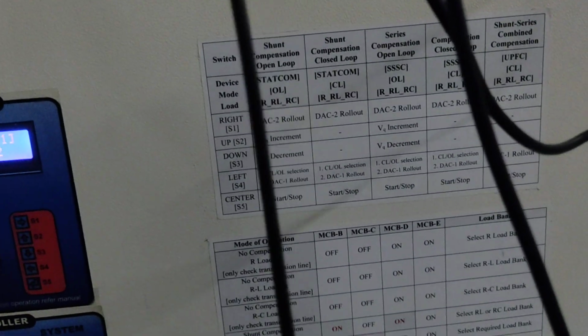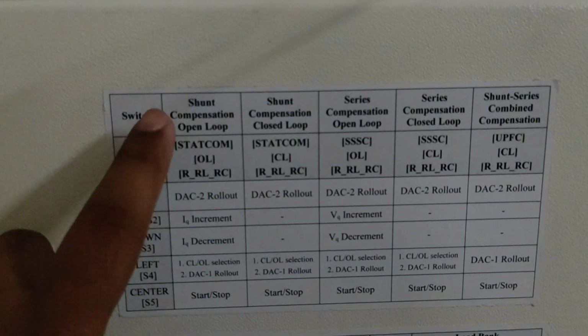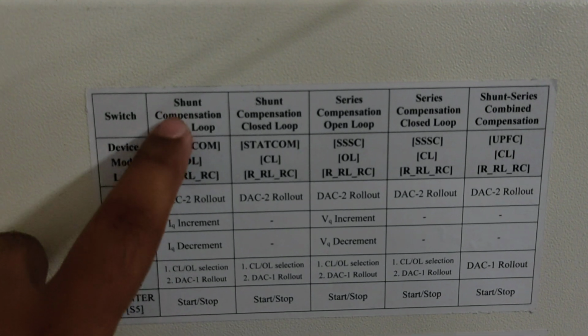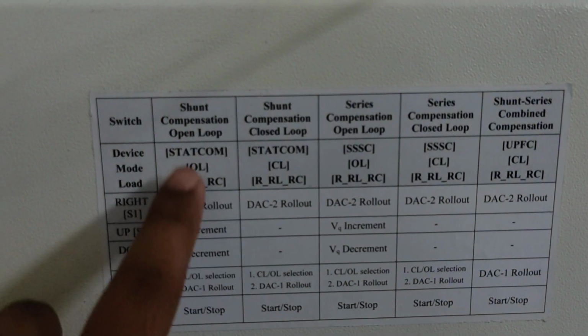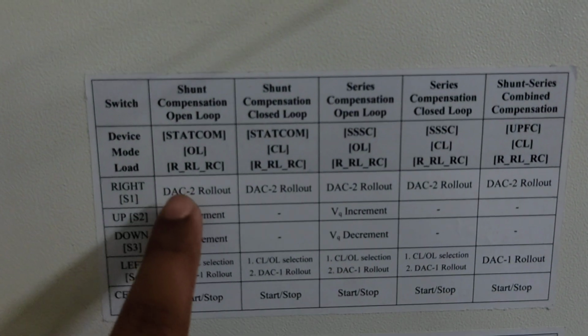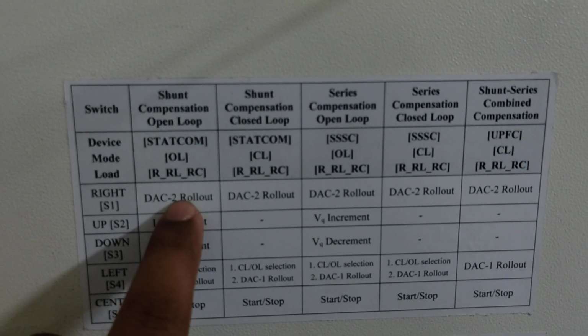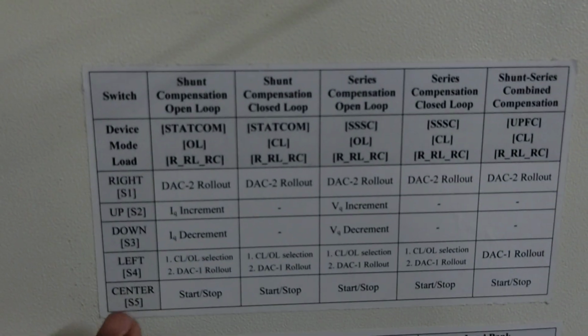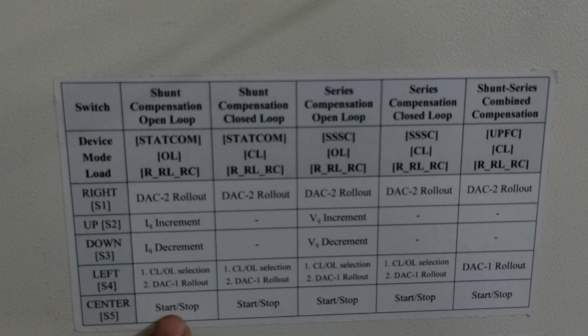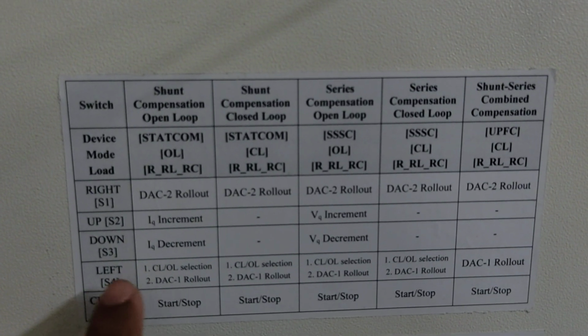Now in the open loop, which value have you increased? You can see on this table, shunt compensator means STATCOM open loop. DEC to S1 switch is to increase or decrease. The center button is used for start and stop.